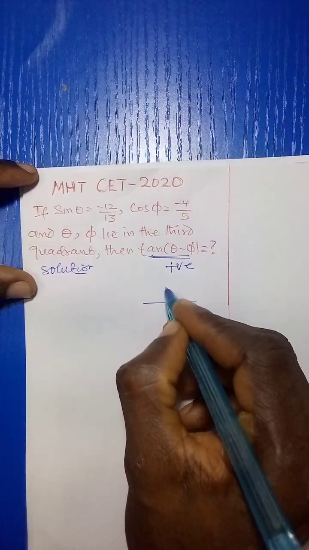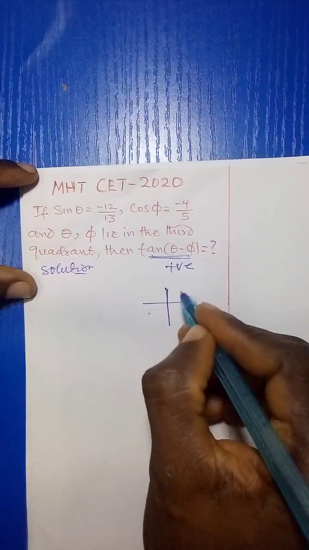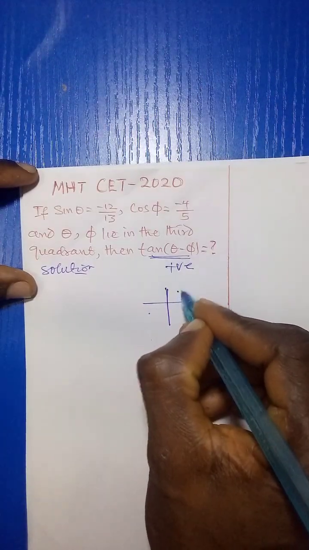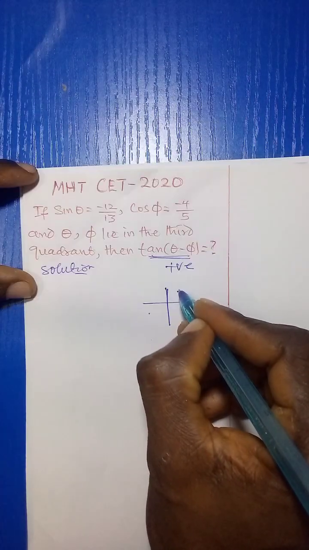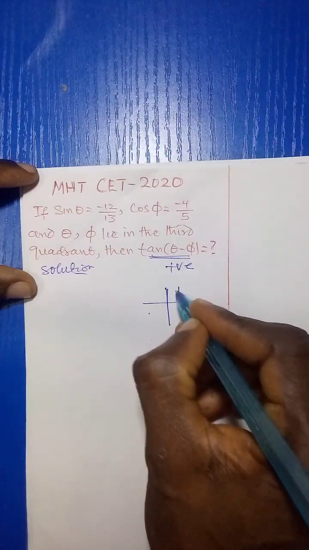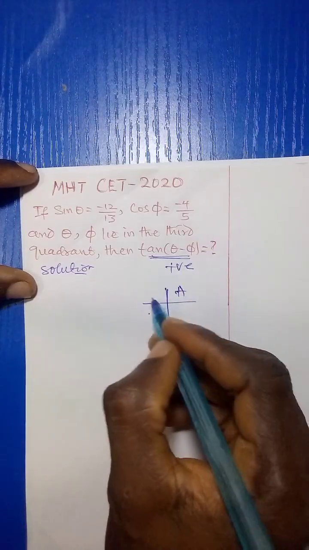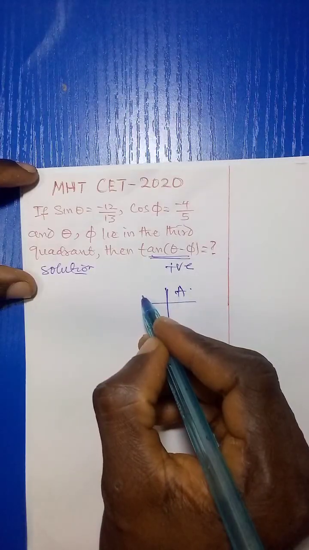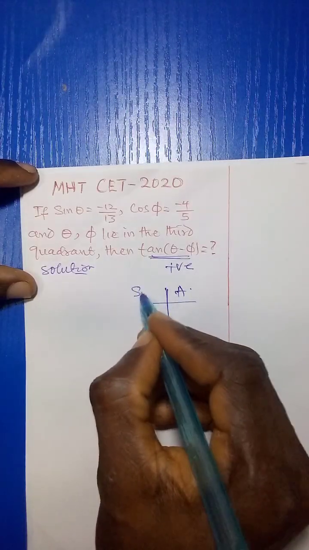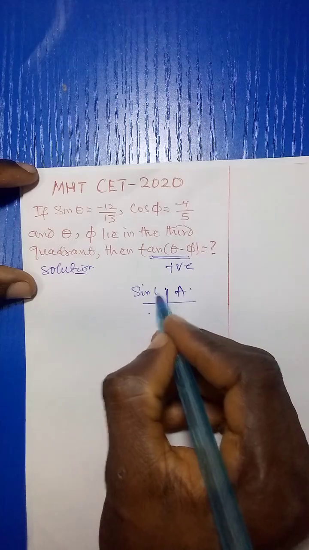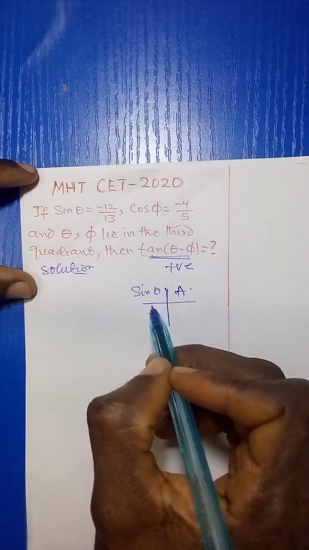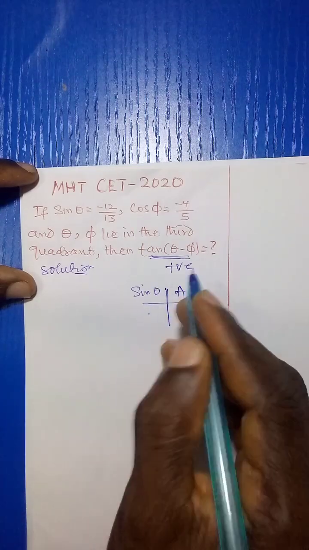Now, in the third quadrant, which is this one, this is the first quadrant where all the trig ratios, including their reciprocals, are positive. So all of them are positive here. That's the first quadrant. Here is the second quadrant, and only sine and its reciprocal, 1 over sine, which is cosecant, is positive.